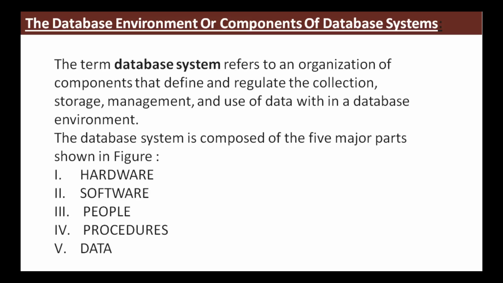So in order to regulate the collection, storage, management and use of data within the database environment, we need some components. That organization of components refers to the database system. A database system is composed of five important components. Those are hardware, software, people, procedures and data.